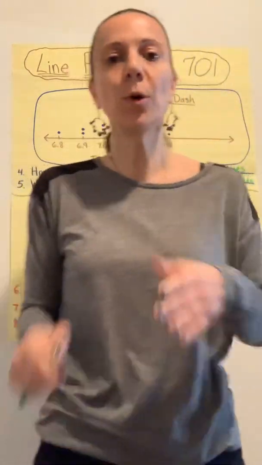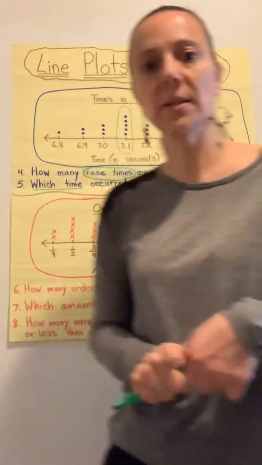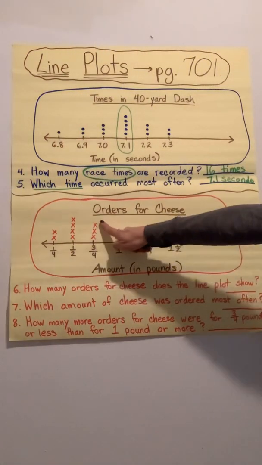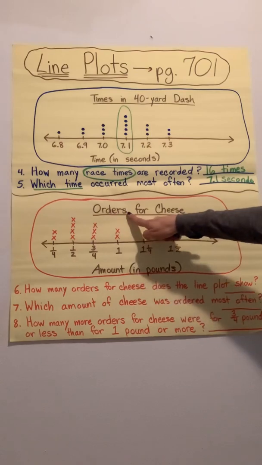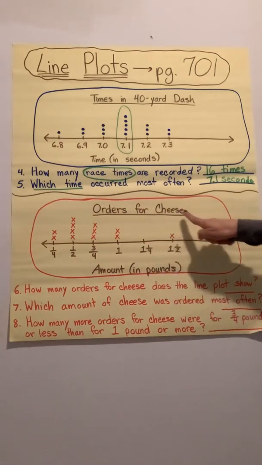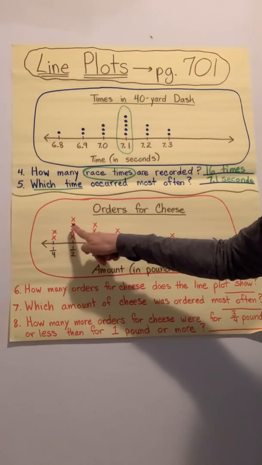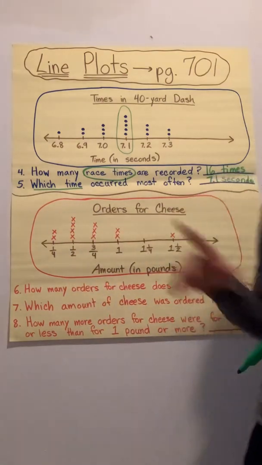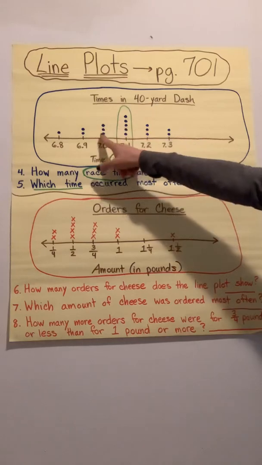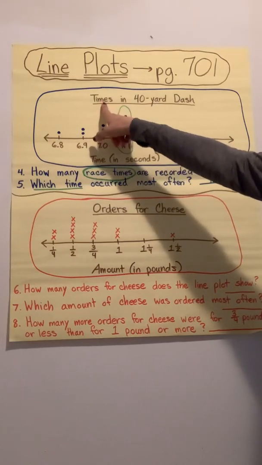Okay, now that we're a little more familiar with line plots, let's take a look at another one. The title here tells me that this one is about orders for cheese. Okay. That means each one of these X's is one order. Just like up here, it goes with the title. Each dot is one time that was given.